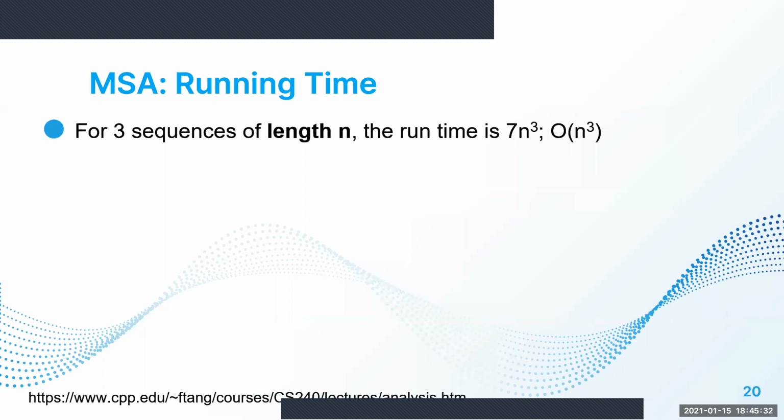You can also try this link. Basically, just to get an idea: if we have three sequences, each of length n, and you run multiple sequence alignment on them, it takes some time, so consider this as some kind of time.